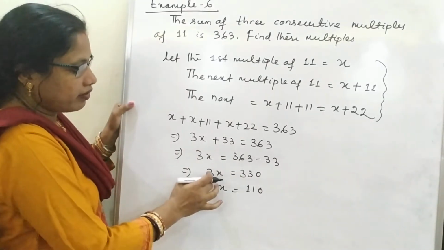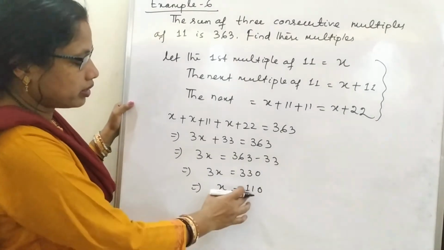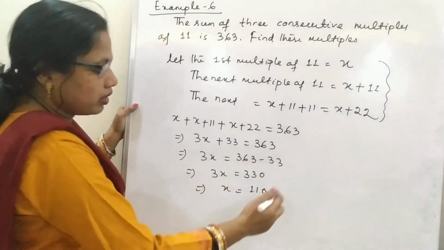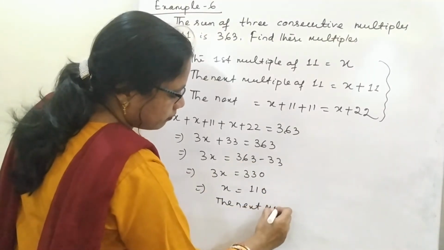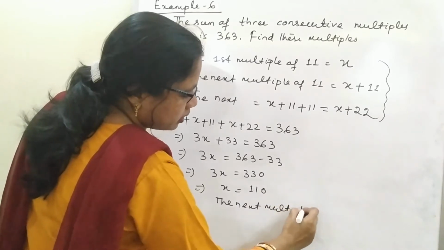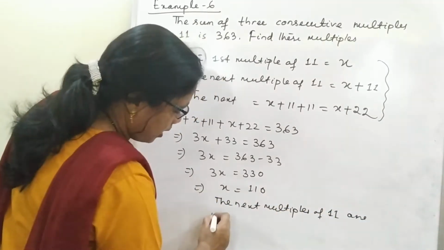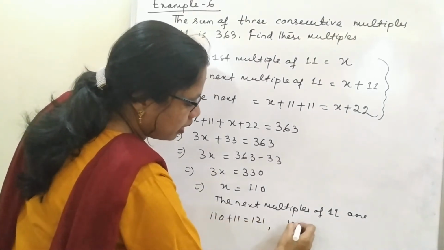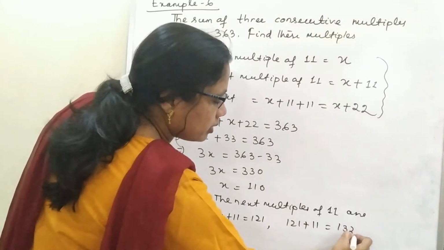Here I divide both sides by 3. So x is 110. So our first multiple is 110. The next multiples of 11 are 110 plus 11, that is 121, and 121 plus 11, that is equal to 132.